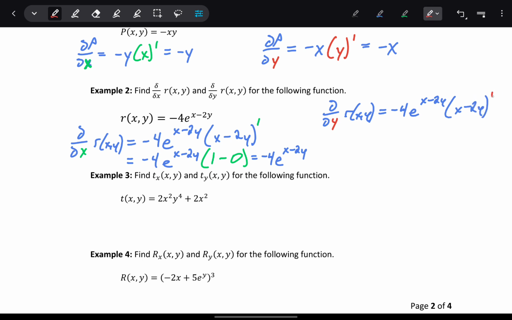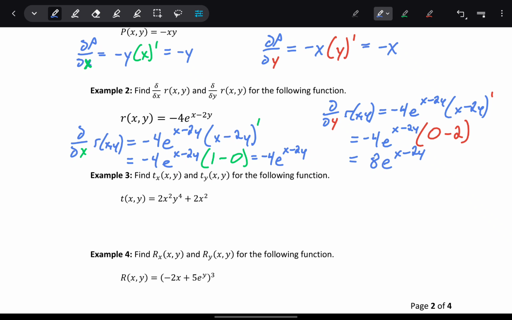But when we differentiate that interior function, now we're differentiating with respect to y, which will give us negative 4 e to the x minus 2y times 0, since we're treating x as a constant, and the derivative of negative 2y will just be negative 2. So we'll get negative 4 times negative 2, or 8 e to the x minus 2y.